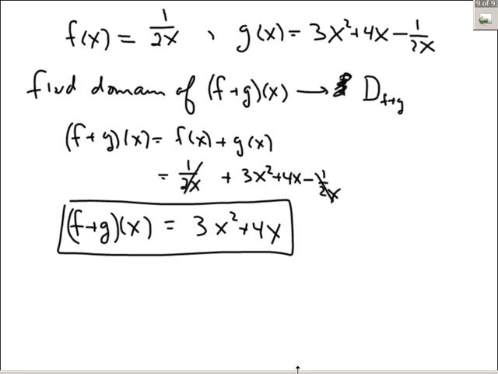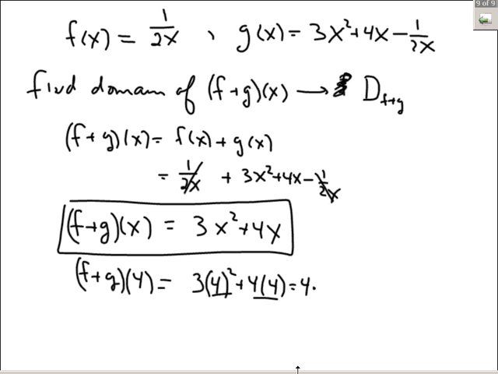For example, if you were asked to find f plus g of 4, you might think, and sometimes you'd be right, that this is 3 times 4 squared plus 4 times 4. This is 16, this is 16, so we have 4 16s. It's 64. And in this case, it's correct.